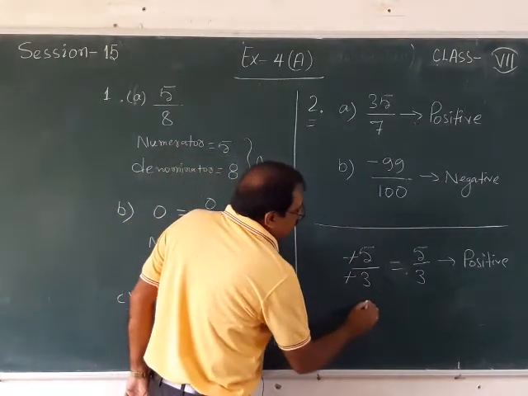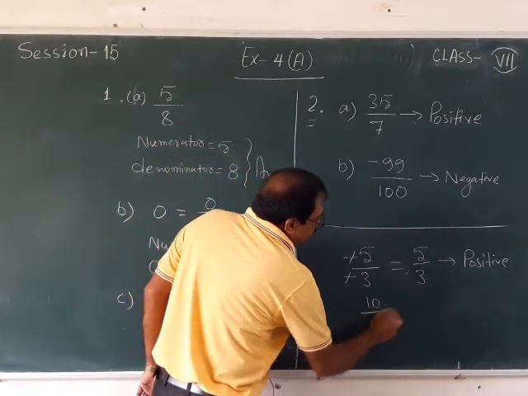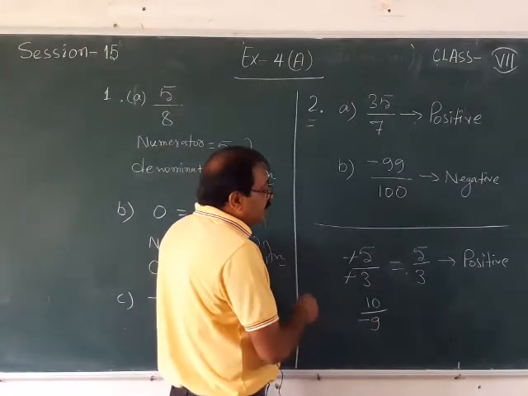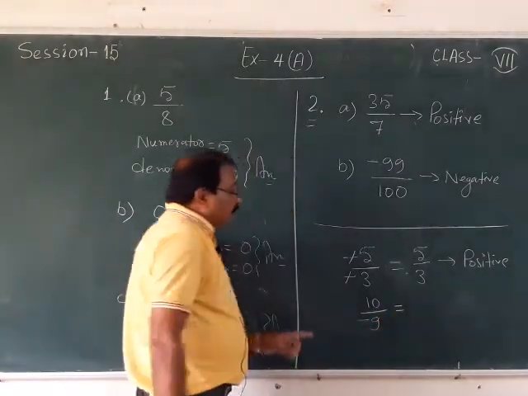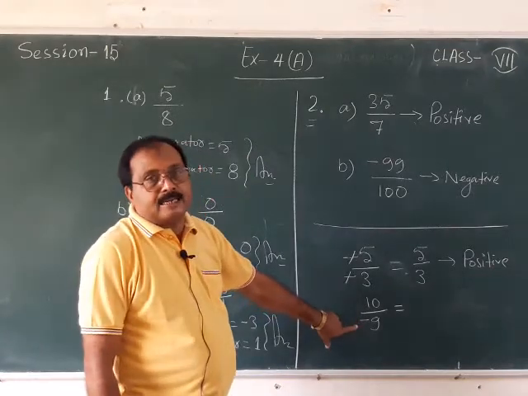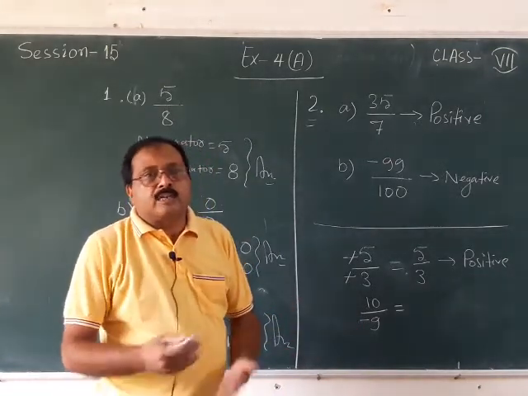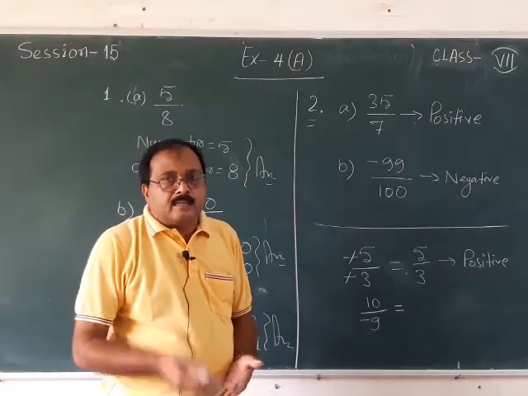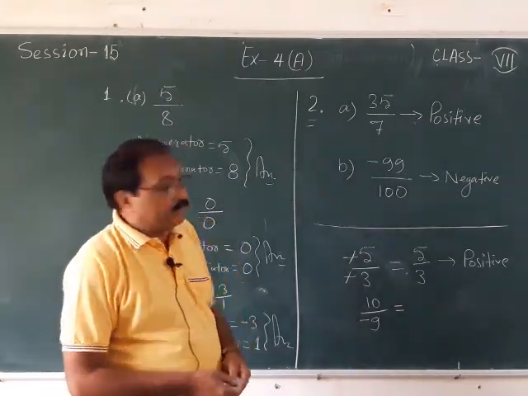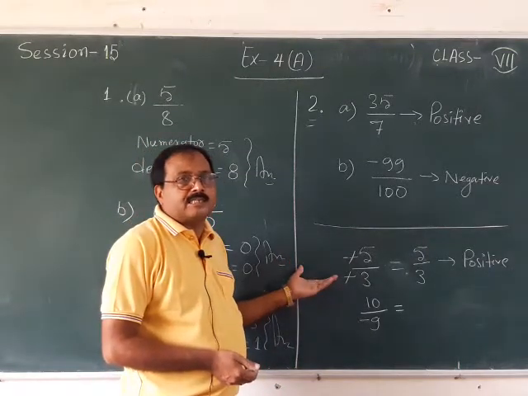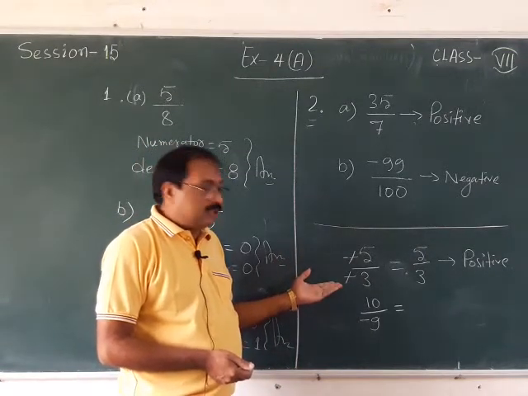And sometimes you will see, suppose I am writing 10 upon minus 9, is it positive or negative? It is always negative, because here the minus sign is there. Whether the minus sign is present with the numerator or with the denominator, the rational number will always be negative. And if both have a negative sign, you can cancel both signs and you will have a positive rational number.